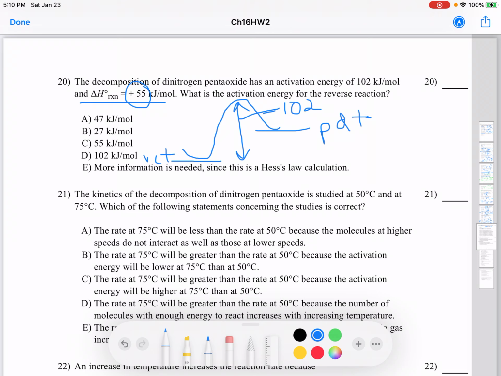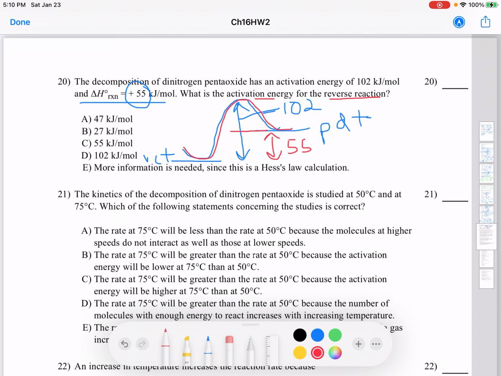And enthalpy is basically the difference between the reactants and the products, and that is given as 55. It's asking what is the activation energy for the reverse reaction. The reverse reaction is if the product goes to reactants.